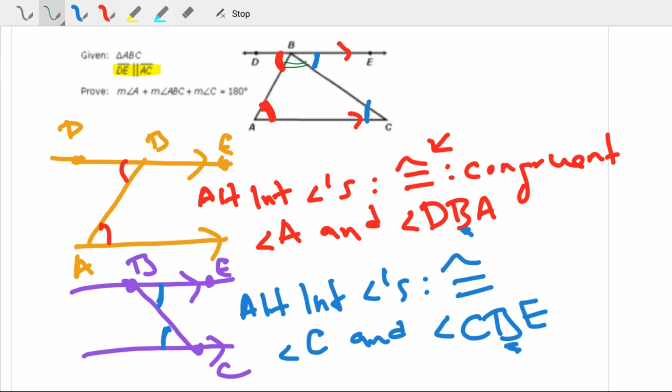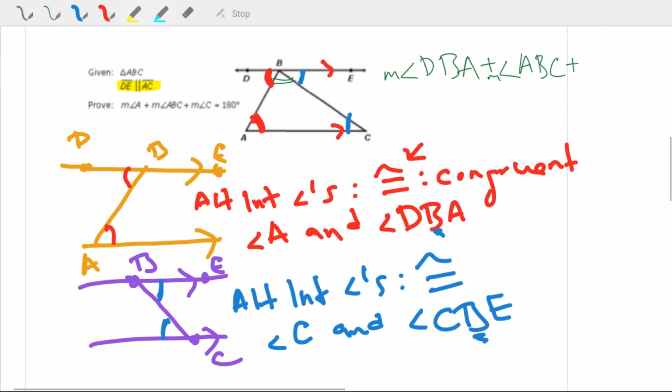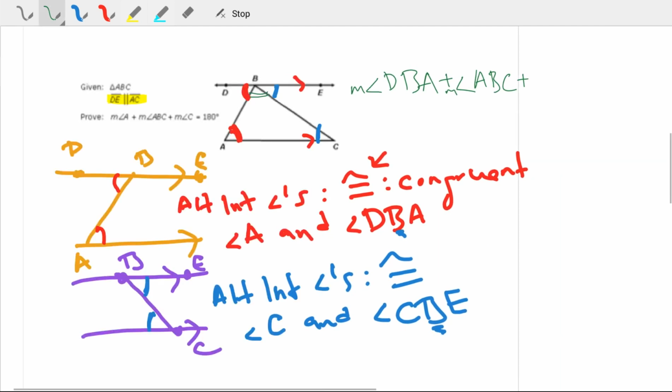Because let's really think about it. Angle DBA plus, I should probably be putting the M here, but plus measure of angle ABC plus, I'm going to go ahead and zoom out a little bit, plus measure of angle CBE.